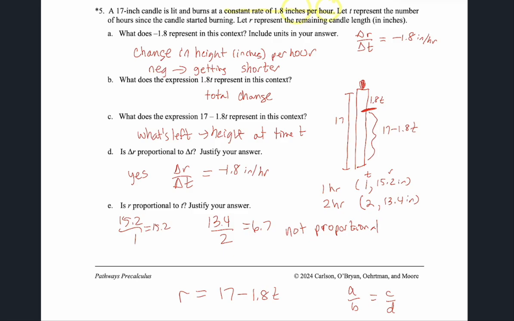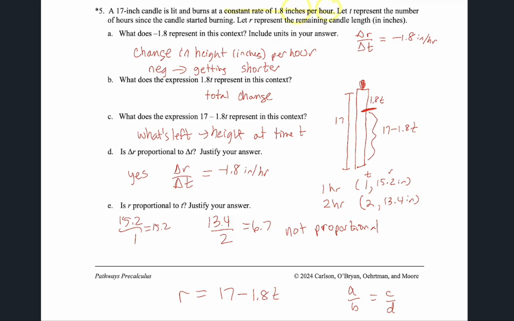So they called the amount of inches at any particular time R, and they chose T. Now, if you called it something different, you're okay. I'm okay with that if you explain what you did. But that's really the good marker as to what it's telling you.